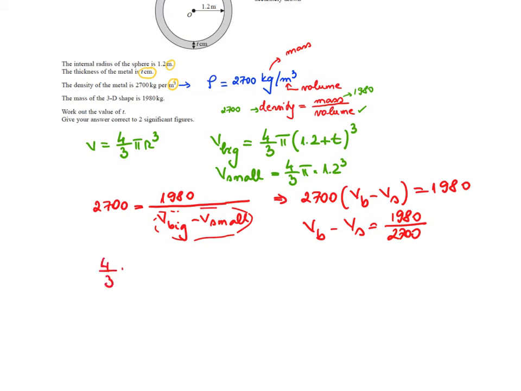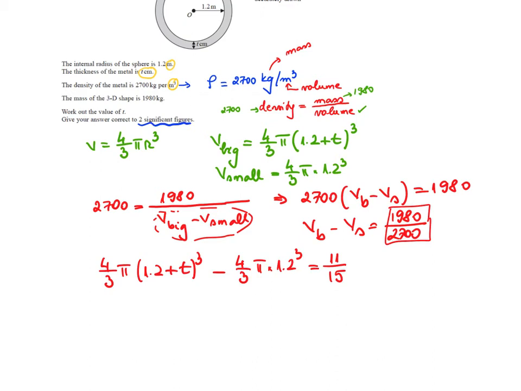4 over 3 pi times 1.2 plus t cubed minus 1.2 cubed equals, and my calculator gives me, when I put 1980 over 2700, 11 over 15. Now I'm looking that I need to give my answer to significant figures, so I can move into decimals.